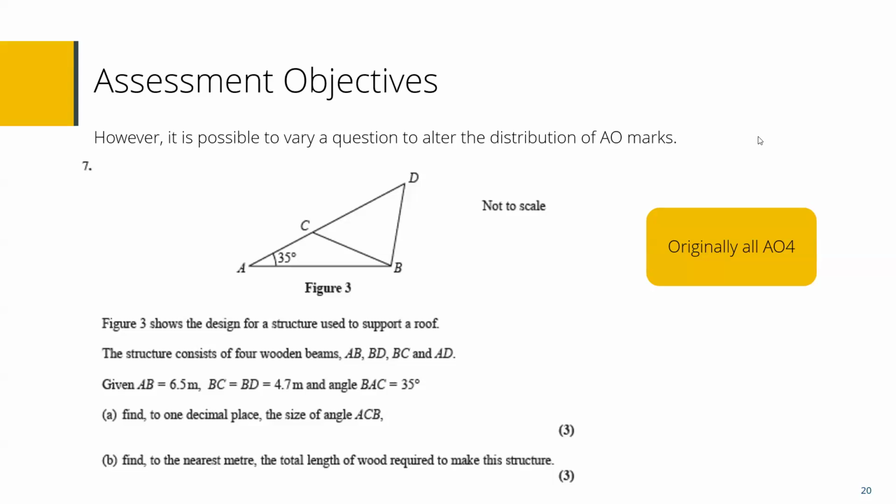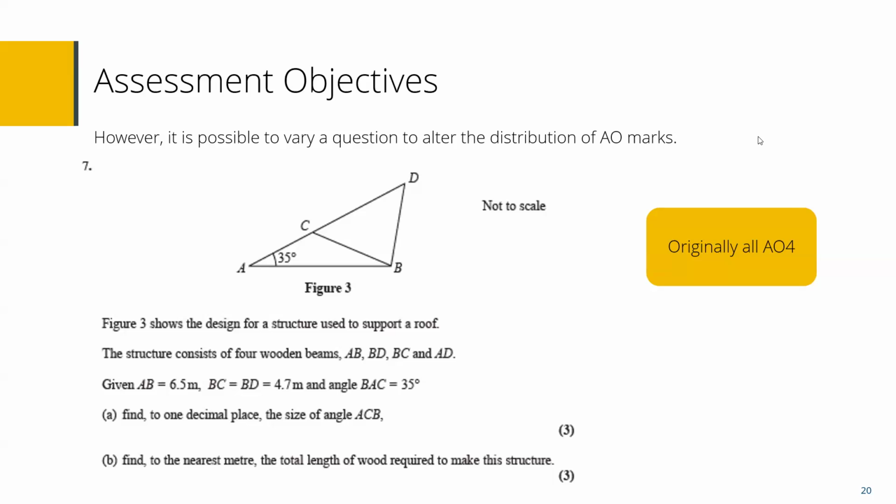The question was originally allocated all 6 marks to an assessment objective 4. If the question changed to assess a different objective, though, you would have to change the actual questions or the facts that you give. So if they have to interpret in order to do that, that's more of an assessment objective 4.